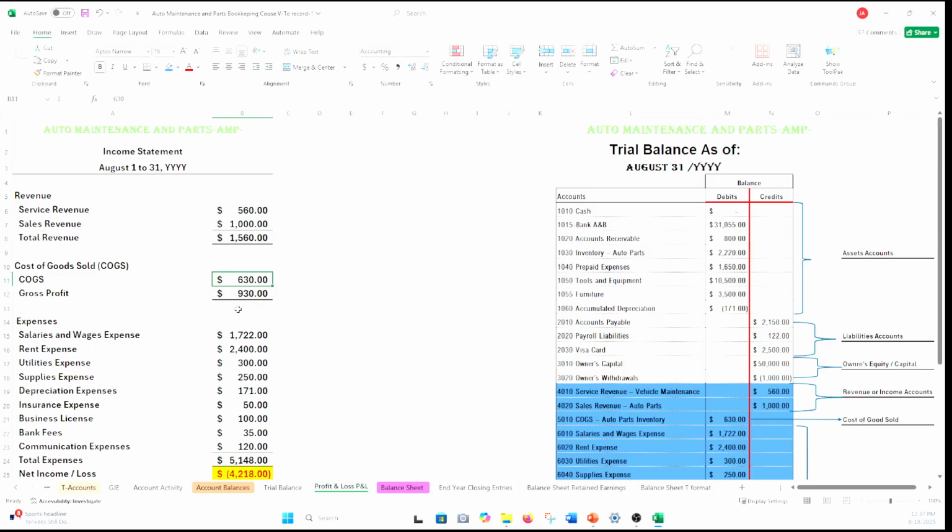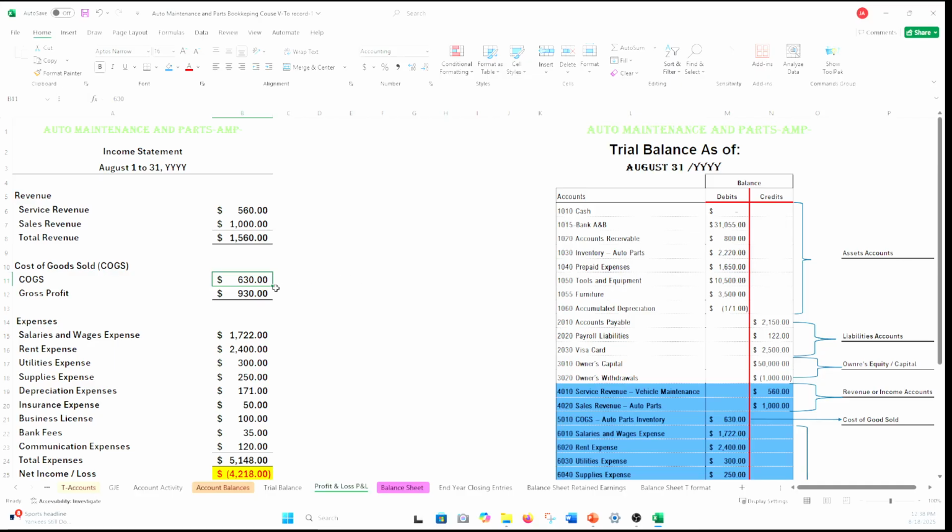After that, we calculate the gross profit. What is the gross profit? The total revenue minus the cost of parts. That means we had a profit of 930 in terms of the total labor and parts minus the cost of the parts.